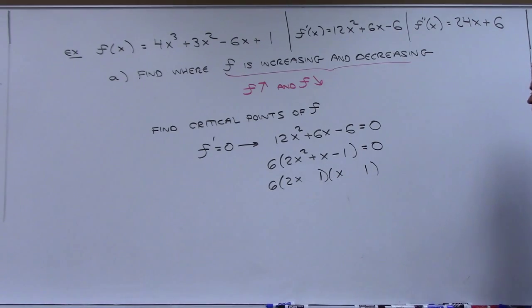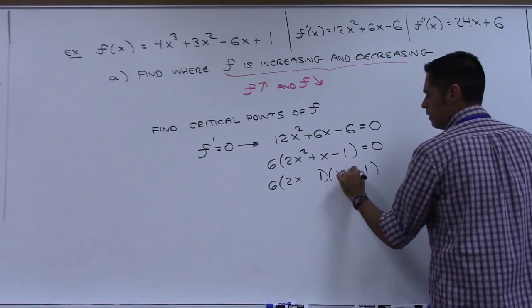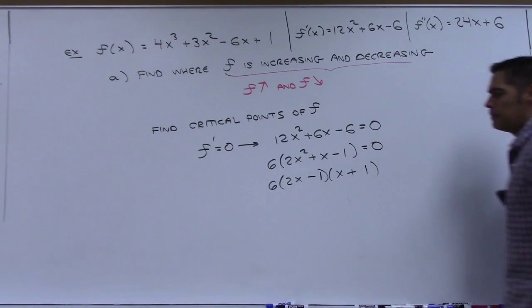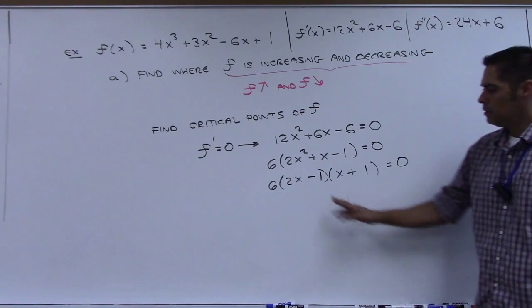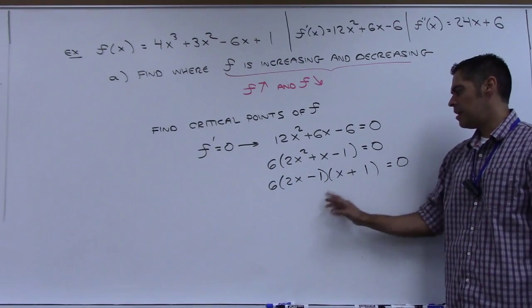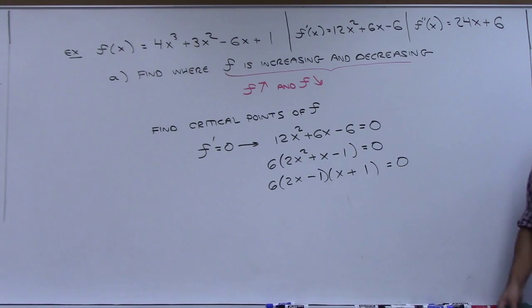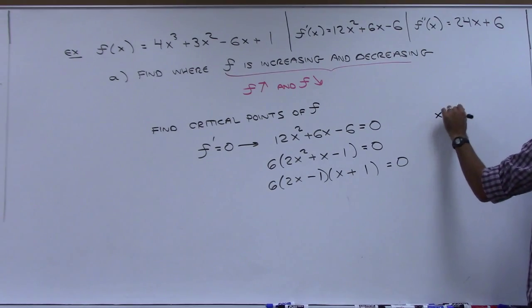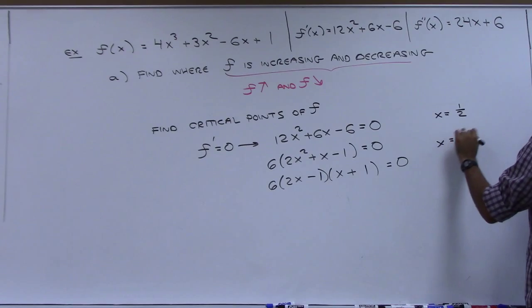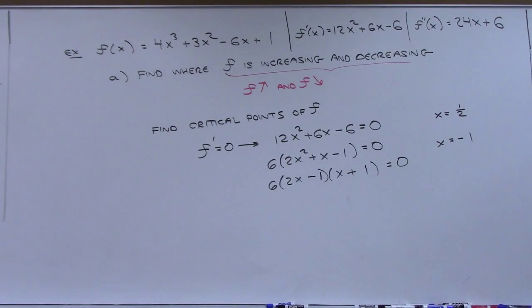Does it work? 2x squared, 2x minus x minus 1. That should work. So we get 2 points, don't we? Our two solutions are 1/2 and -1. Questions?